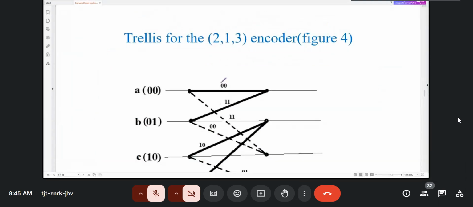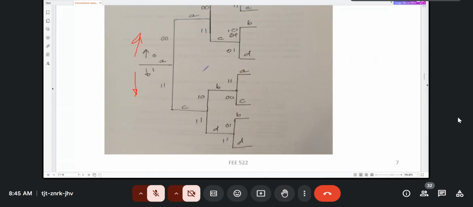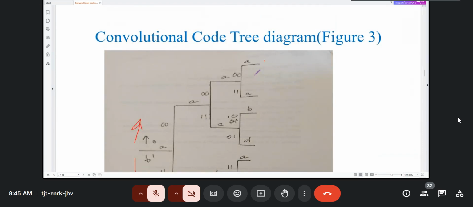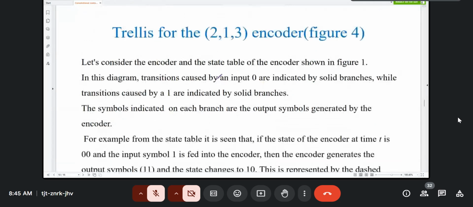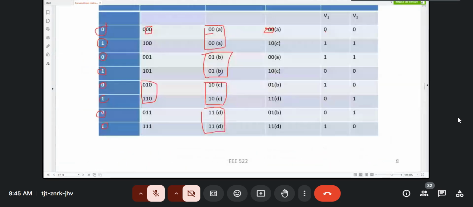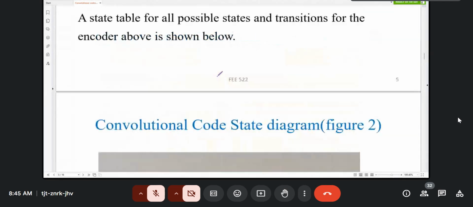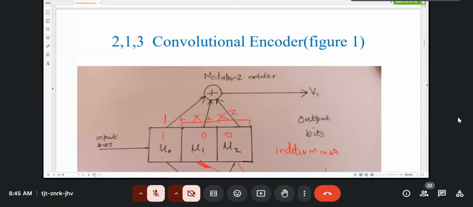Yes, Samuel. We said we restrict ourselves to 1 bit at a time, but I was wondering how it would look if, let's say, we had 2 bits going in at a time? Oh, okay. It will be a different table altogether. It will just mean 2 bits are coming at a time.